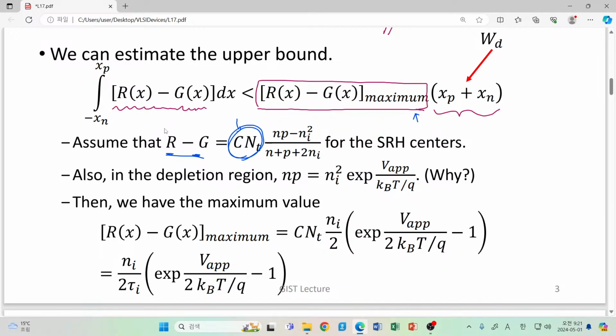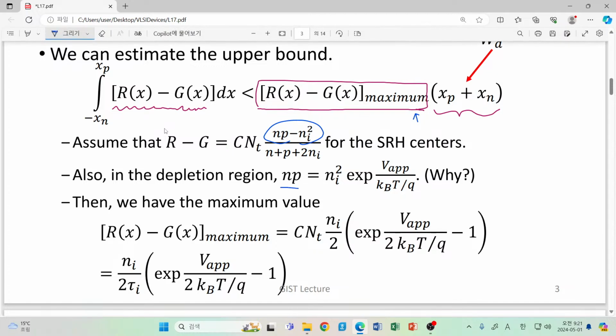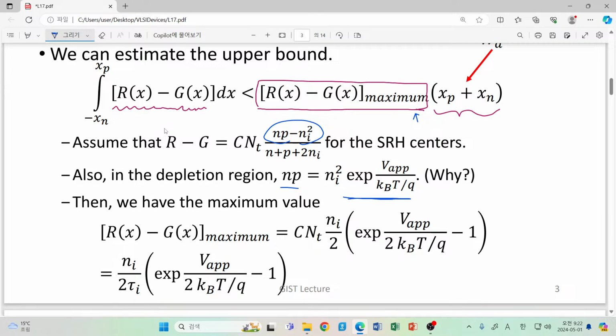Then we have to consider this one. Well, how large is it? Here in the depletion region, the np product is simply given by ni squared times the exponential of the normalized applied voltage. It is because actually we must have the difference between phi p and phi n.